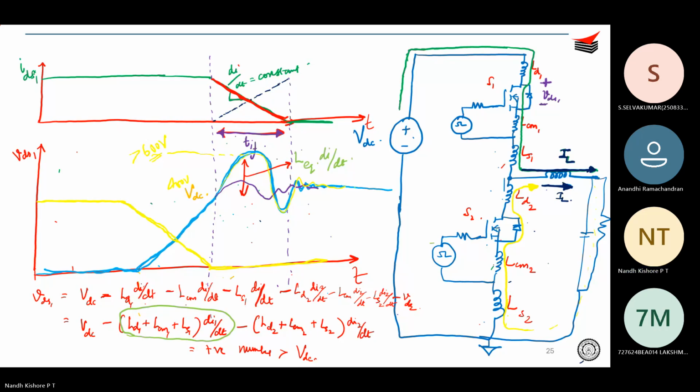So the answer is, if you don't design the power loop properly, you're going to have very high voltage overshoot, and that increases the voltage stress of the devices. You can also understand that if the voltage overshoot is more, the power loss will also be more, V into I, right?